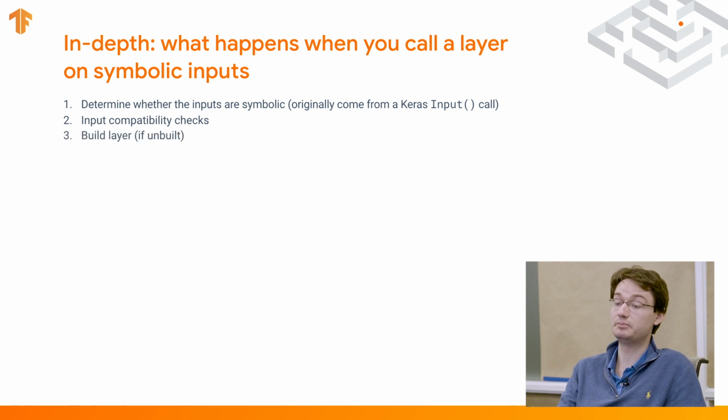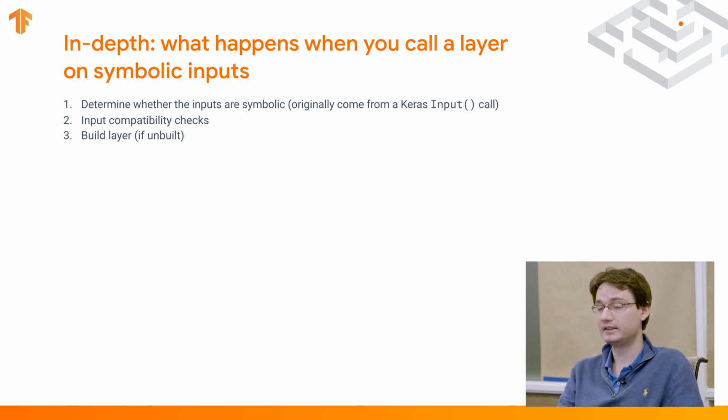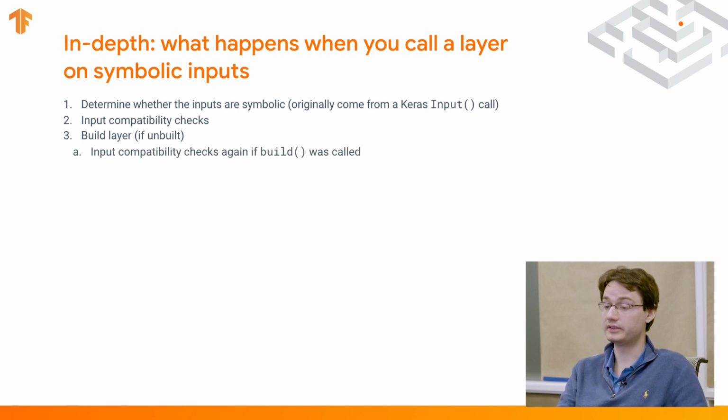Then you check if the layer is built. The layer being built means its weights are already created. If the layer was not built, you're going to use the shape of the inputs to build the layer. So you call the build method. And after you've done that, you do a second round of input compatibility checks, because the input spec of the layer is quite likely to have changed during the build process.